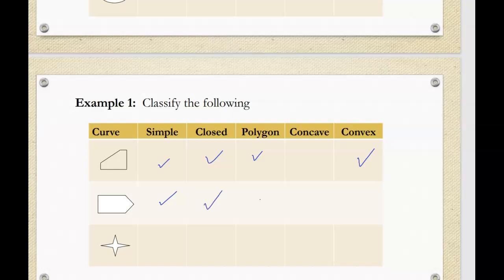It does have all straight lines. It does not indent on itself, so it's convex. This is simple. It is closed. It is all straight lines, so it's a polygon. Now, if you'll notice, this one indents on itself, so it is concave.